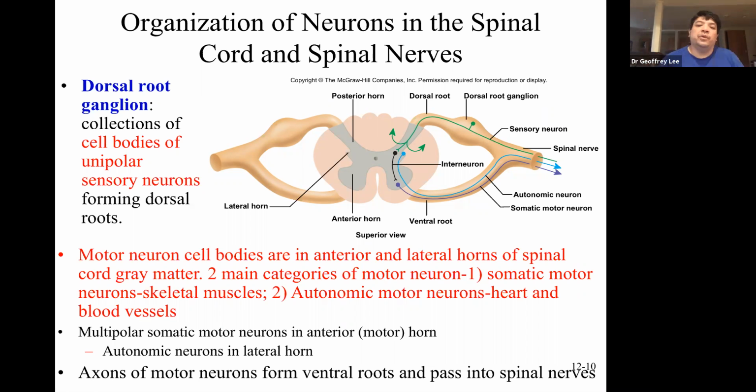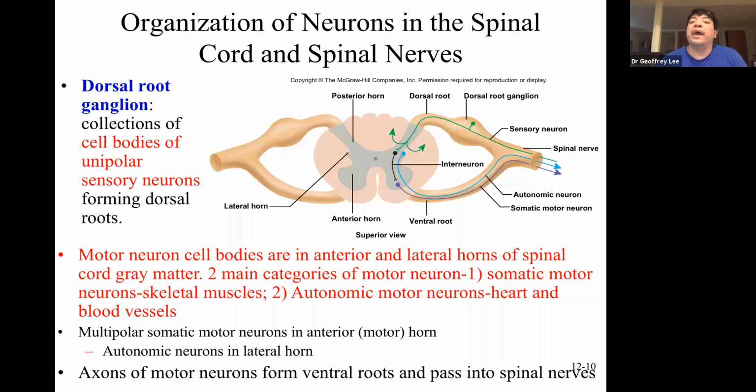So again, dorsal and posterior are the same; anterior and ventral are the same. So when you look at this, don't get confused. Anterior horn is ventral horn. Ventral root is anterior root. Those two words can be used and are used interchangeably.